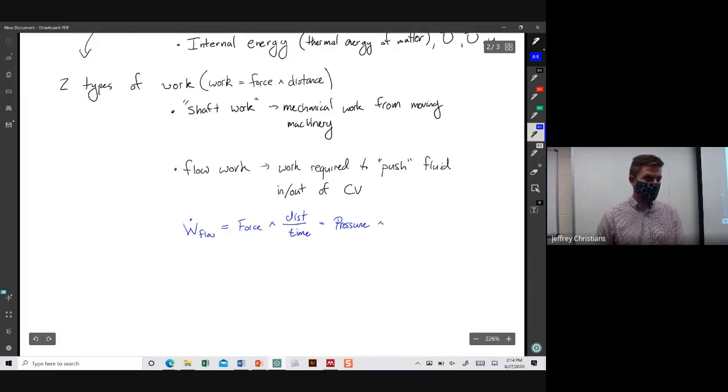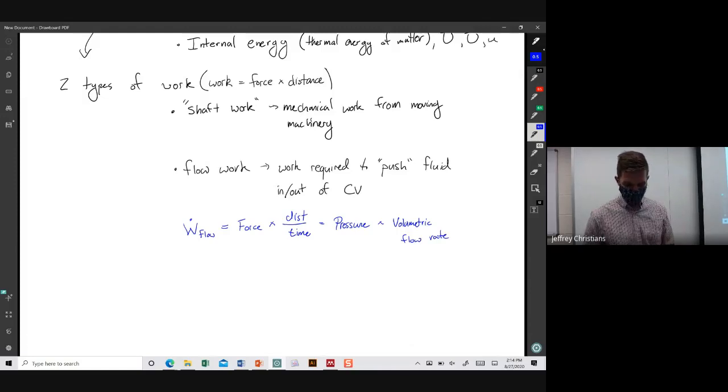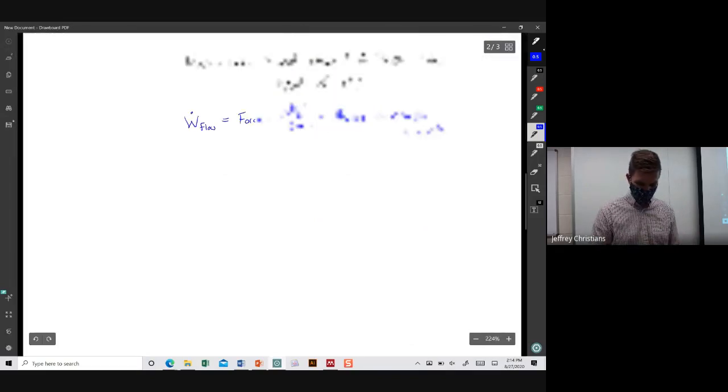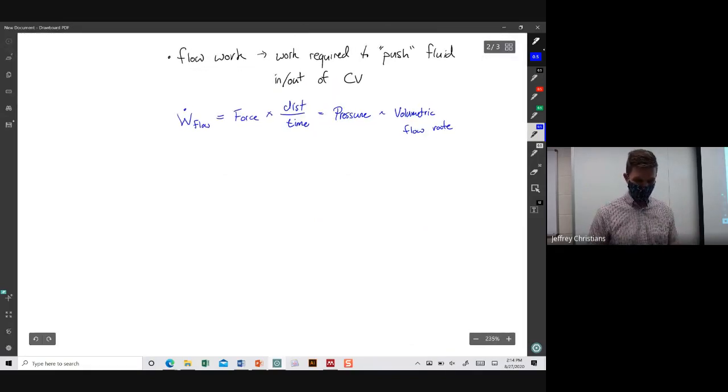Multiply a velocity times an area, and we get a volumetric flow rate. Again, you don't need to know the definition exactly, but just to see a little bit where this comes from, this really is a work, just a force times a distance.